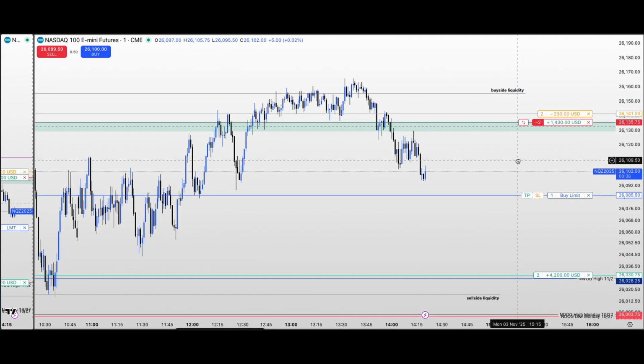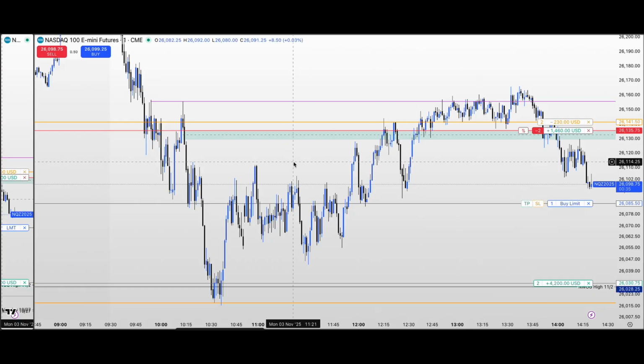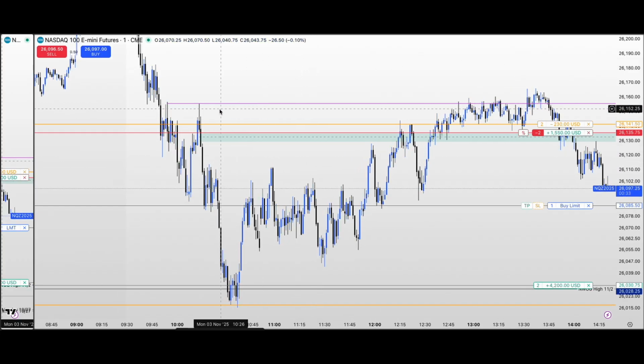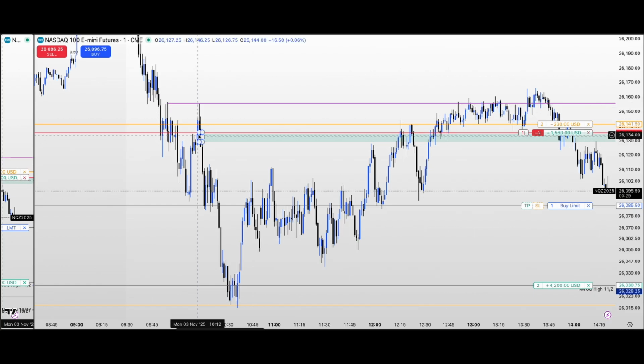And with two contracts, I put my stop loss initially above the high of this candle, which creates this sell side imbalance, buy side inefficiency.